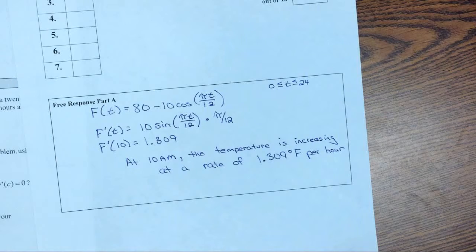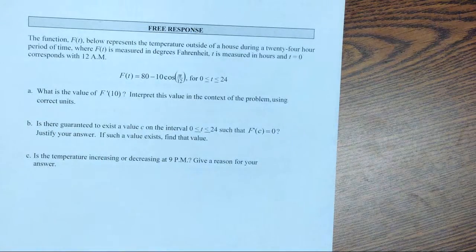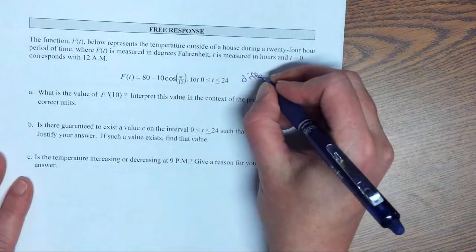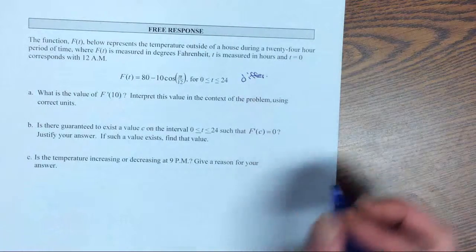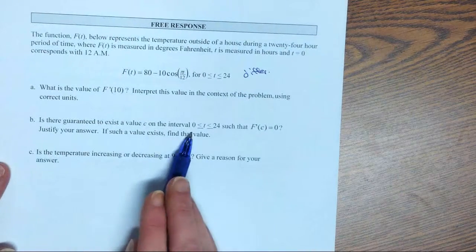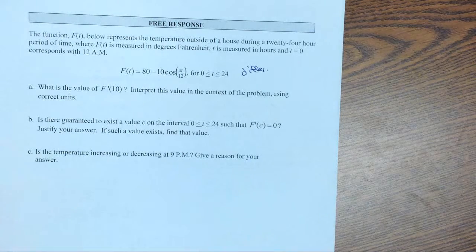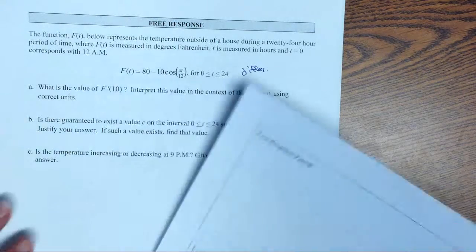Part B says, is there guaranteed to exist a value C on that interval such that the derivative equals 0? Justify your answer, and find it if it does. This is a cosine. It's a wavy curve, but it is differentiable.